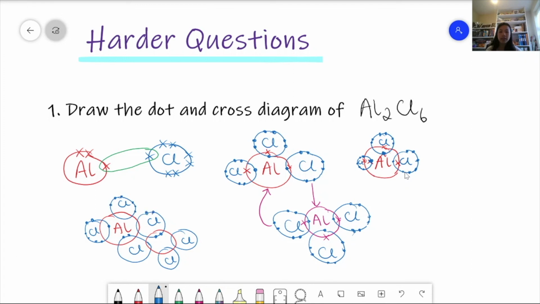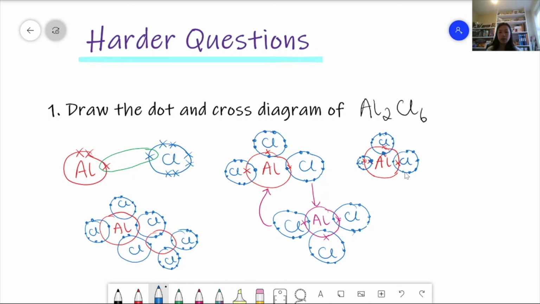And then there's still the 6 electrons outside. So this one won't have 6 electrons. It'll have just 4. But these all will have 6. And then 1 in the center.